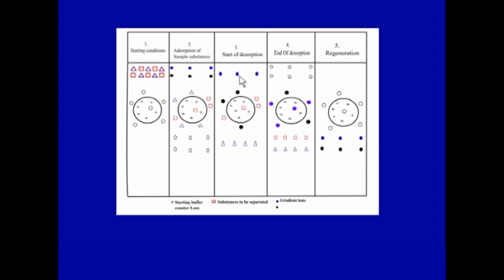Then gradient ions like NaCl or some other will elute them as per the affinities, maybe by increasing salt concentration, and then once this is done the column will be regenerated. So, that is how simple the mechanism of ion exchange chromatography is. It is a very simple, very versatile technique to be used.